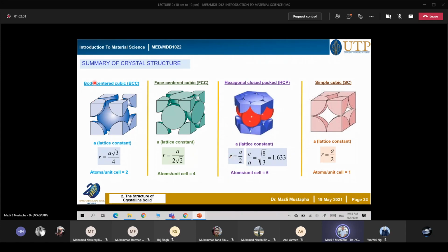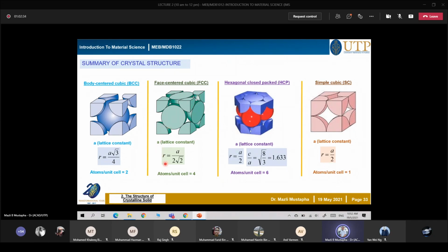And this is just the summary. For body centered cubic, we have proved that we have two atoms per unit cell, and the relation between A and the radius is given by this relation. For the face centered cubic, we calculated before how many atoms per unit cell: we have 4 atoms, and we proved it just now.